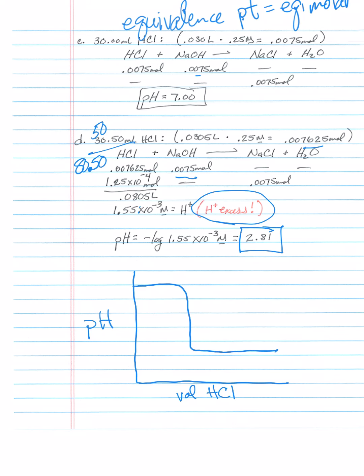This is just a perfect sigmoidal curve, and right in the middle of that curve is the equivalence point, which in this case is equal to 7. It will only be equal to 7 because it's a strong acid, strong base titration. Our next one, we'll talk about what happens when we have something weak.